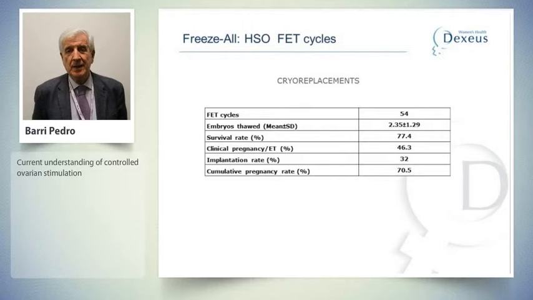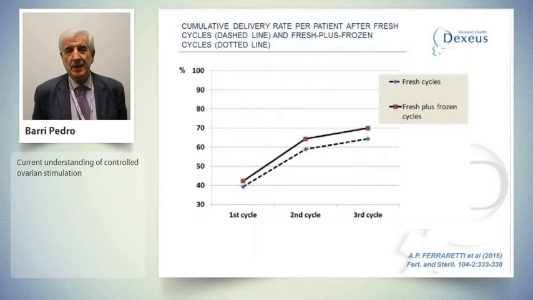So for us it is a clear benefit, for sure in terms of patient safety, because we will reduce the risk of OHSS, and we have to discuss if this is a strategy that can be used as a routine for normal patients.